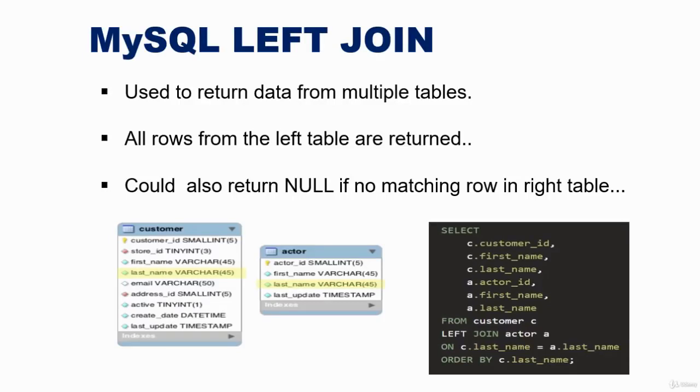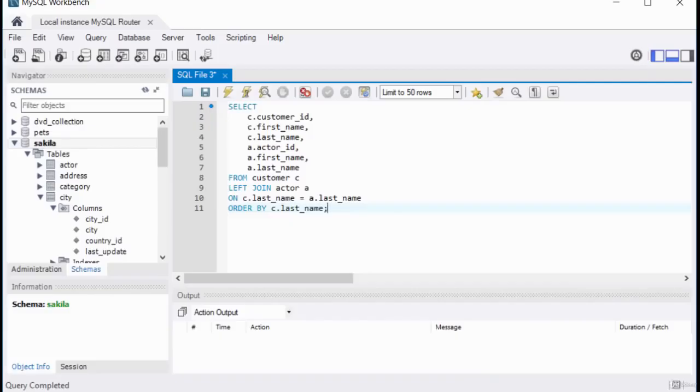And then we are getting the data from the customer table, and we're doing a left join on the actor table. And the fields we're joining are the last name from the customer table to the last name of the actor table, and then we're going to order the result using the order by clause. I'm going to order it by the last name.